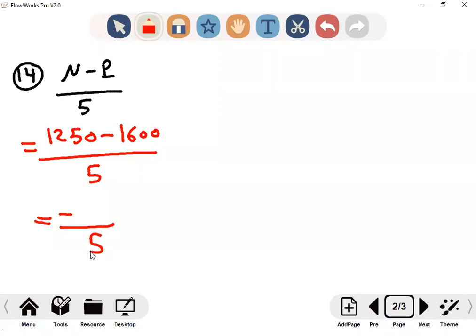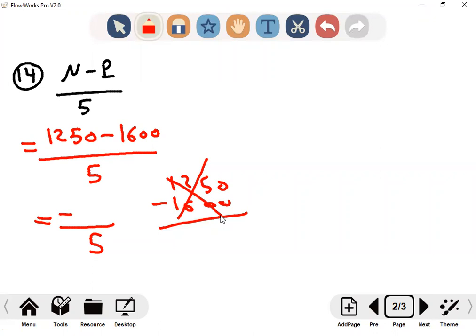To subtract, don't make 1250 minus 1600. This is wrong. Why? Because in column subtraction we put the bigger number on top, right? Here I'm not subtracting. I'm searching for the difference between the two numbers, right? So 9 and 1, what's the difference between them? 8. And 1 and 9, what's the difference between them? Also 8, right or not?